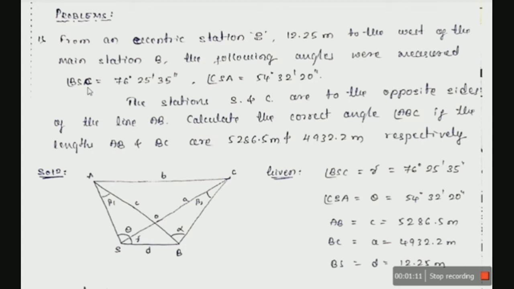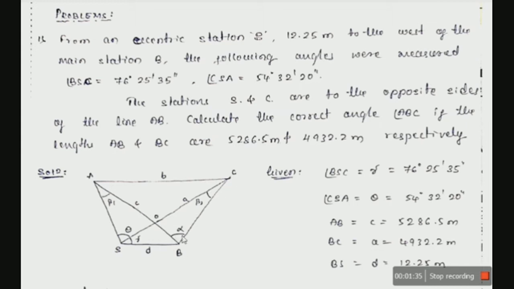Here they have given the measured angle BSC, that is equal to gamma. Write down the value. Similarly, angle CSA, that is theta, this much of angle. Similarly, they have given the two distances, AB, that is small c.